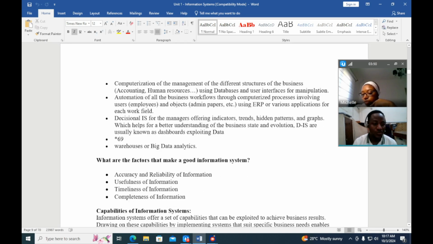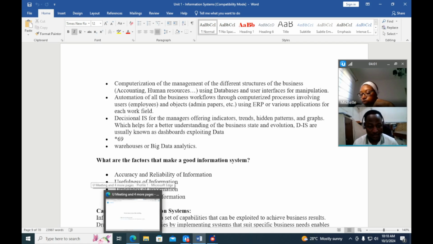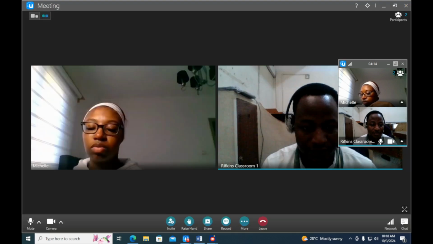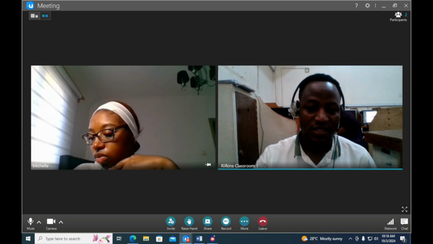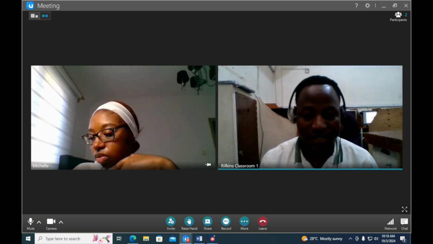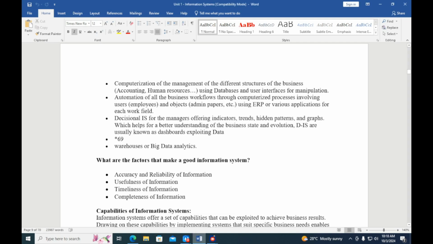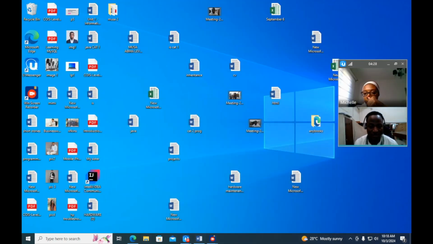but not limited to, one, we have computerization of the management of the different structures of the business. When we talk about structures of the businesses, we are talking about things like accounting, and human resources.